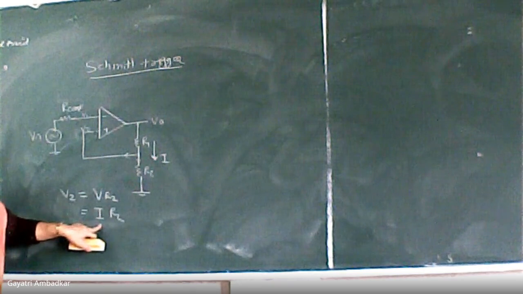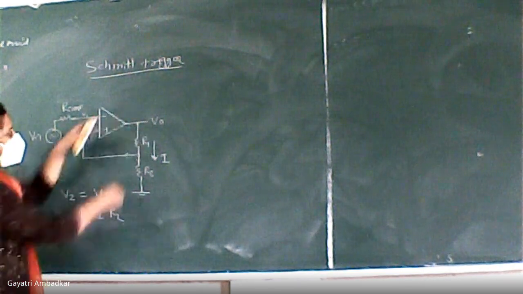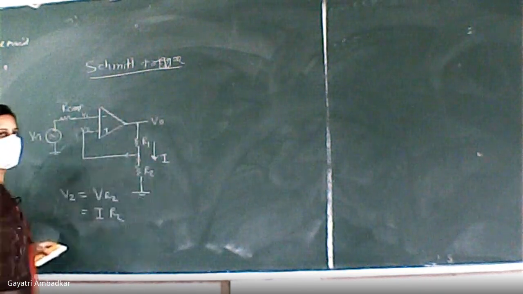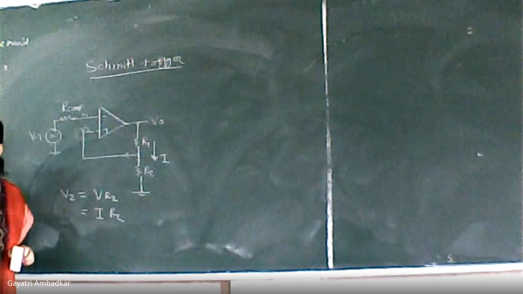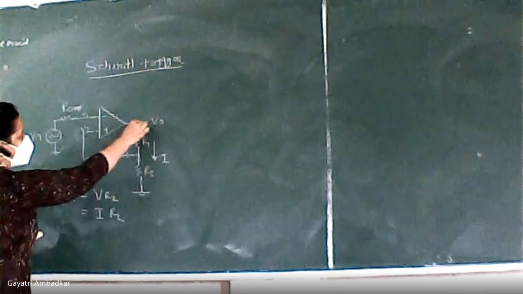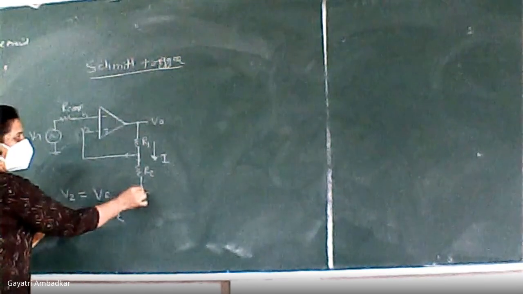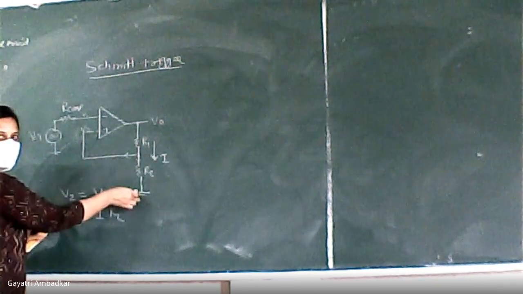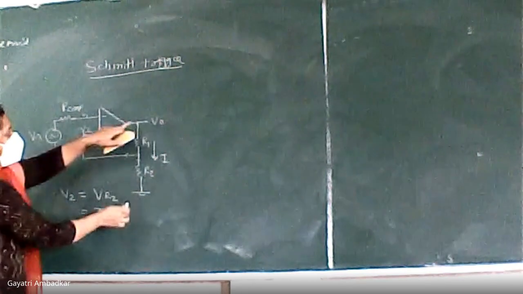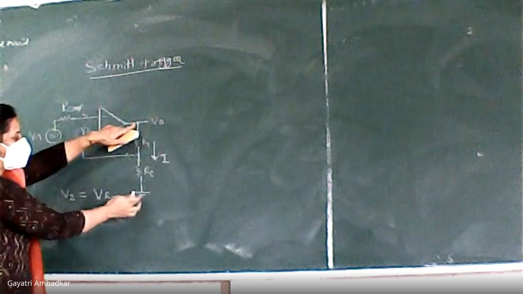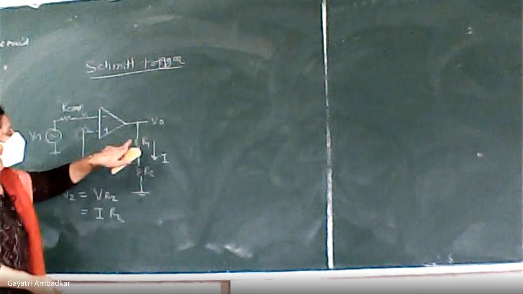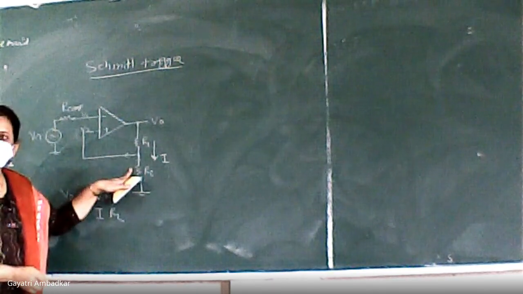Now find out what is I. I is the current which is flowing through this voltage divider network R1 and R2. So you can calculate this is equal to VO upon R1 plus R2. This is 0. How does the current flow between these two? So voltage at this point minus voltage at this point divided by this resistance plus this resistance.